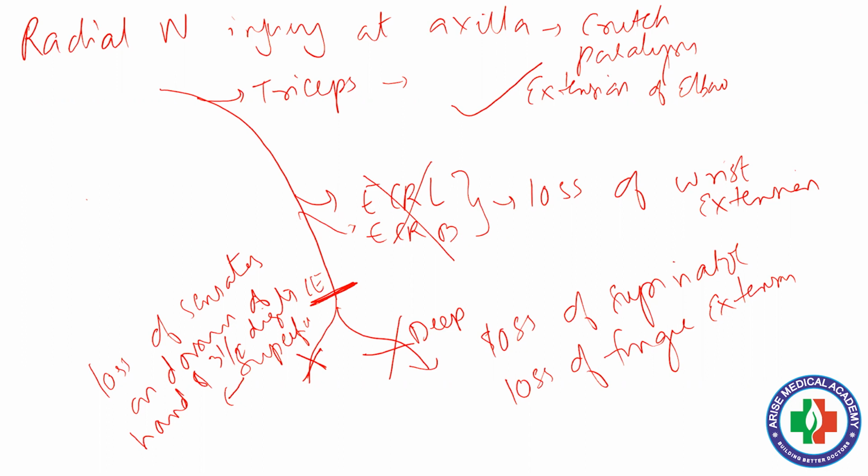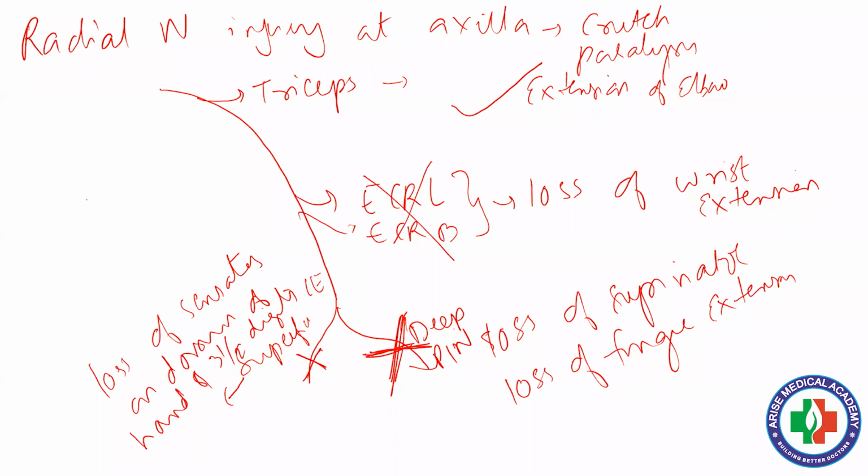But if there is damage to only the posterior interosseous nerve, for example with injury at the radial head, subluxation of the head of the radius, surgeries or fractures at the radial head, or forearm bone fractures, there will be no loss of sensation.